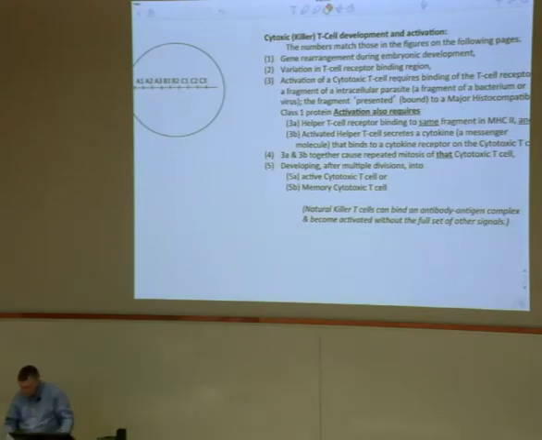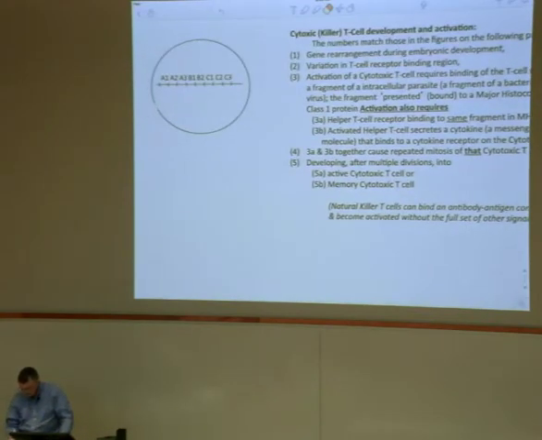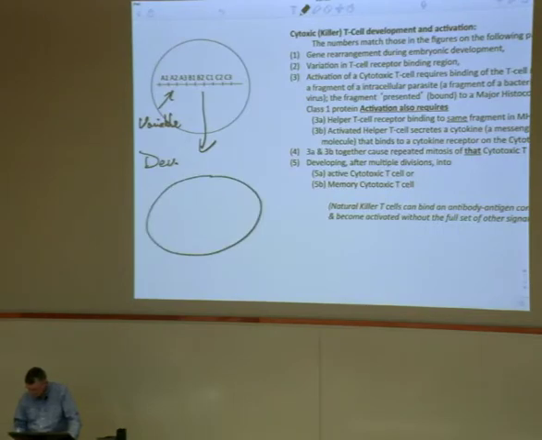So you start off with this really variable gene, and during development, that gene gets trimmed in these cells down to a subset.